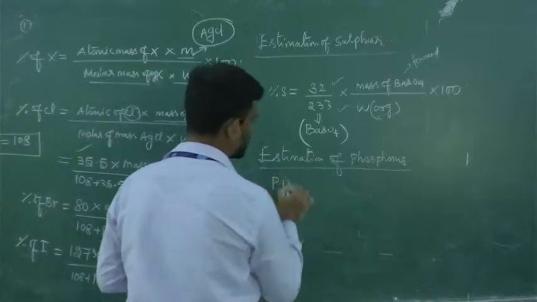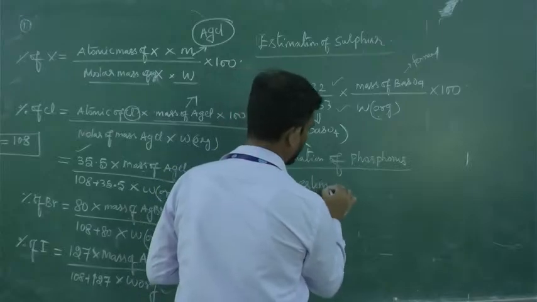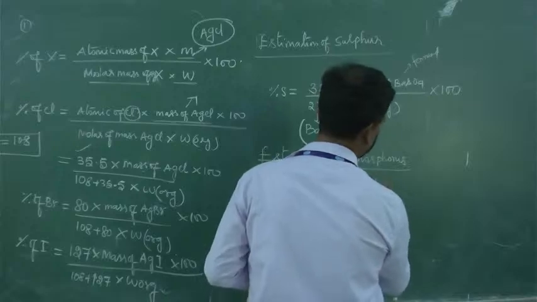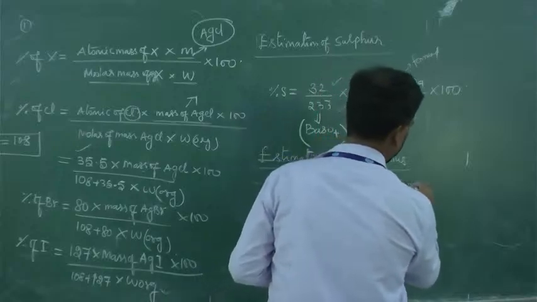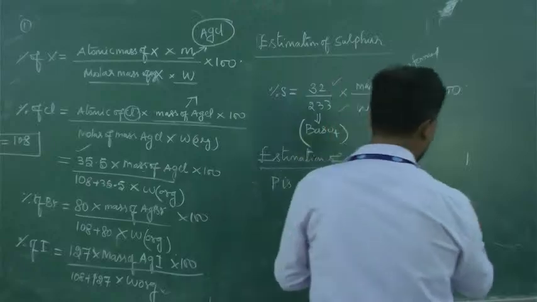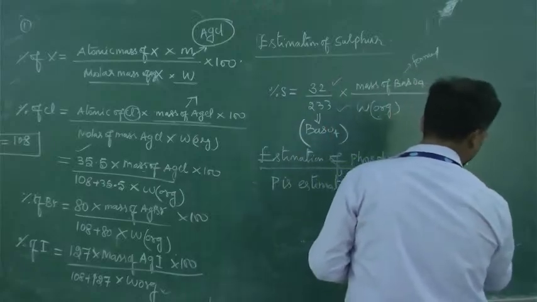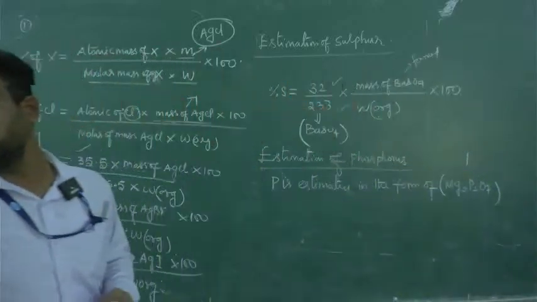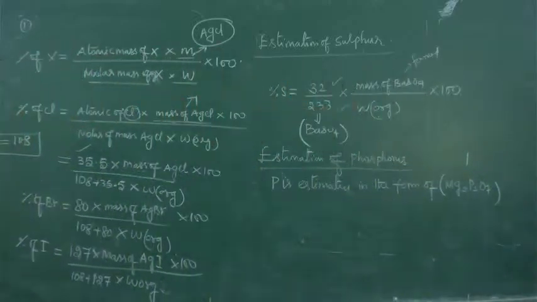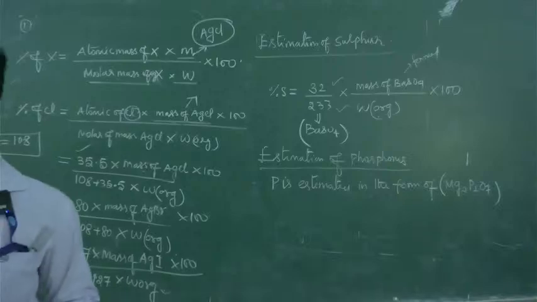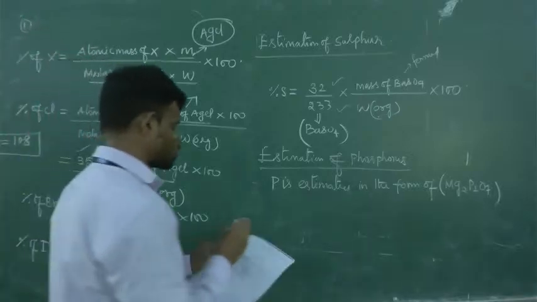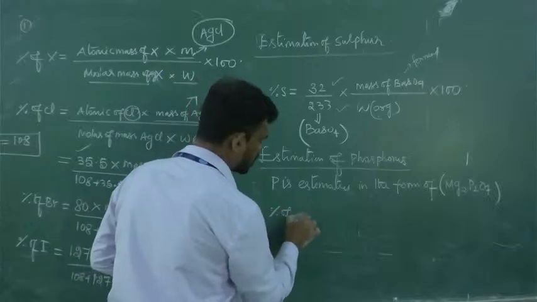Please note this, phosphorus is estimated in the form of Mg2P2O7. Please note this, Mg2P2O7. Just as barium sulfate was formed for sulfur, here this compound is formed, and it has 2 phosphorus. Is it clear? We are going to estimate the phosphorus in it. The formula for this is percentage of phosphorus.